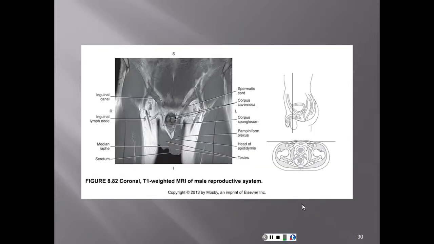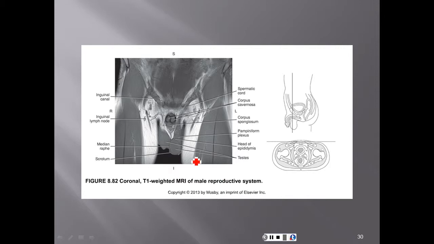So sectional anatomy. This image can be found on page 536, T1 weighted MRI of the male reproductive system. So again, ultrasound is not the only modality that can clearly visualize pelvic anatomy in the male; MRI is suitable also.